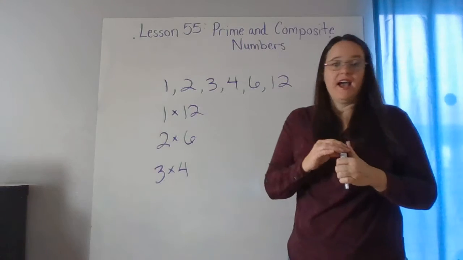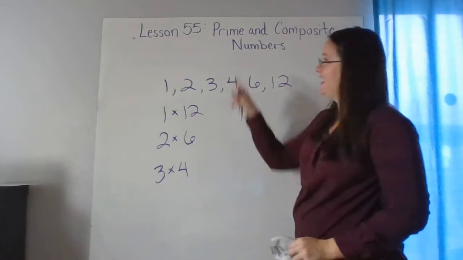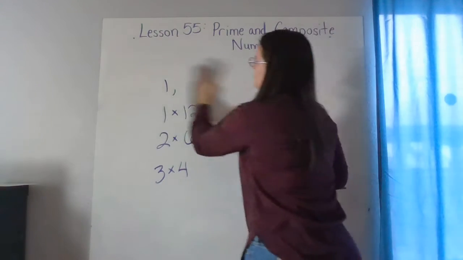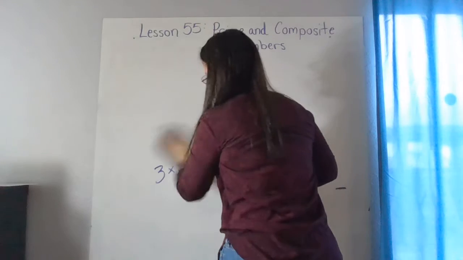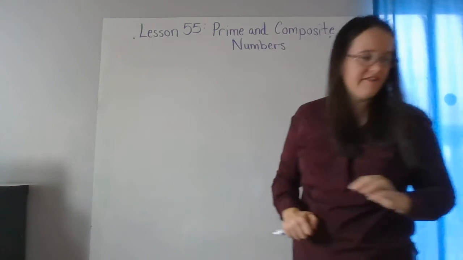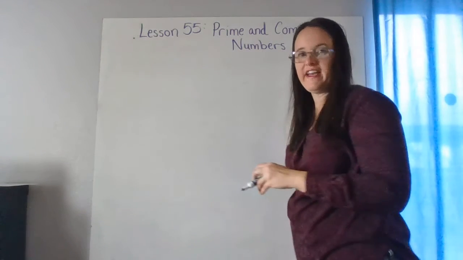So, couple more examples that we're going to do before I let you go to do your homework, and we still have to talk about these words up here, prime and composite. So my next example is list the 4 factors of 6.